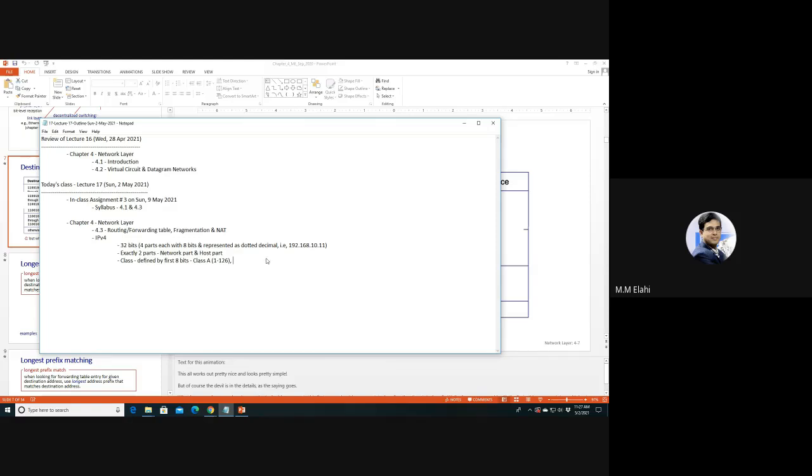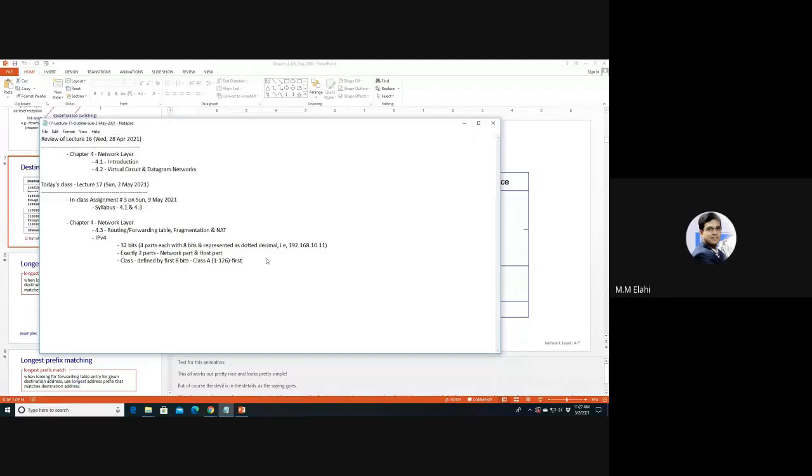So how to identify a class? If you see the number 1 to 126, that means class A. In class A, 1 to 127 was the range, but 127 is reserved for loopback.